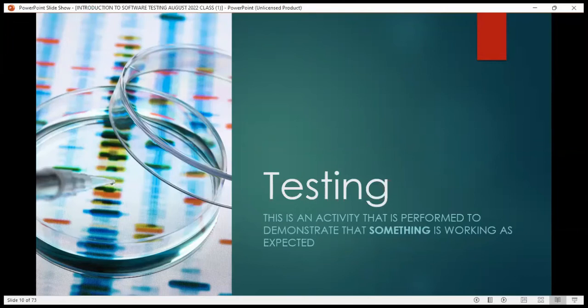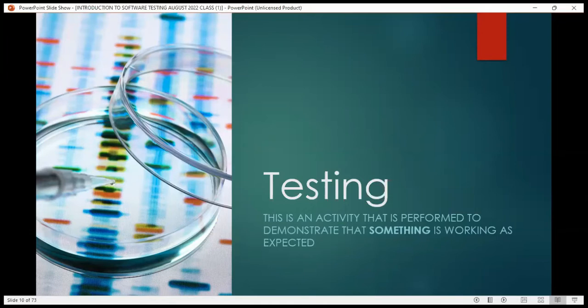What is testing? If you just be typing in your answer, if you know what testing is, this is an activity that is performed to demonstrate that something is working as expected. That's the meaning of testing. Just that something is working as expected. The pen that I want to use, is it working as expected?